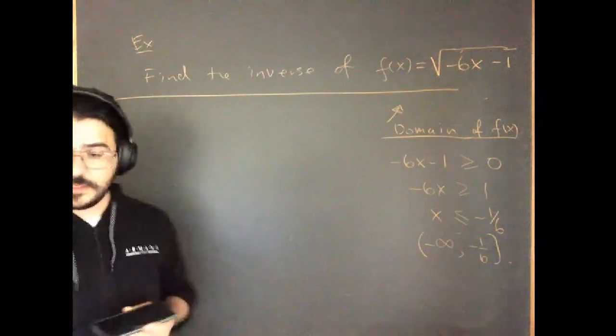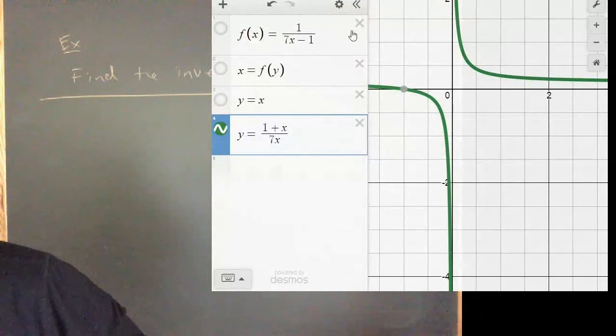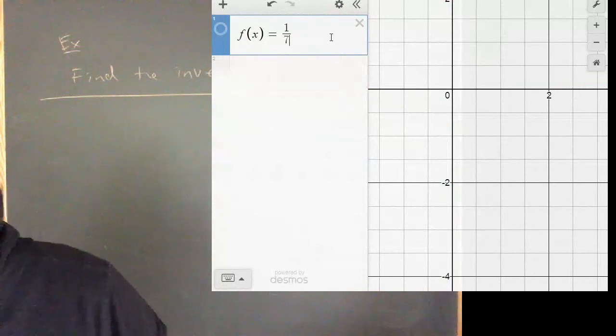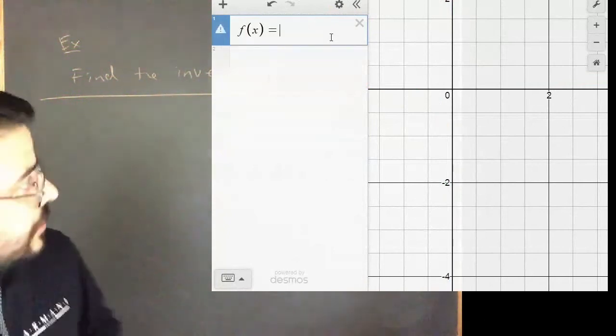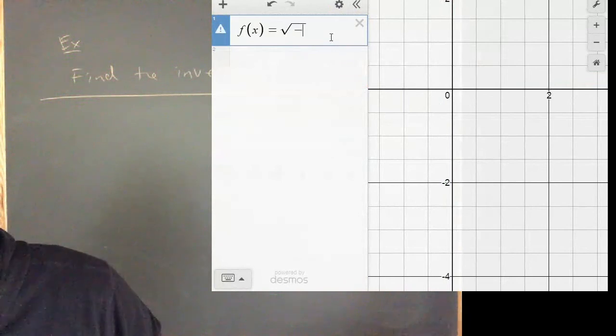Okay, and let me bring up the graph so you can see it, just so we're all clear about that domain. Okay, so here we're looking at the square root of negative 6x minus 1.